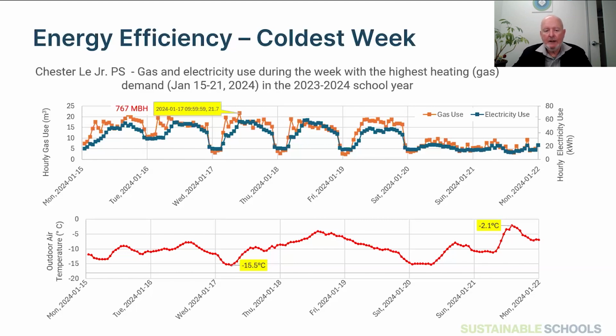As we touched on a moment ago, in cold climates like Canada, the coldest week is going to be the driver. So this is actually the week of January the 15th to the 21st last winter in the previous school year, and you can see in the orange how gas use, the scale on the left, and the blue is the electricity scale on the right.